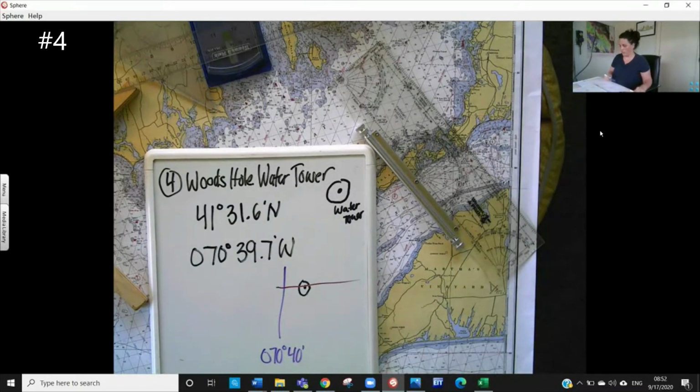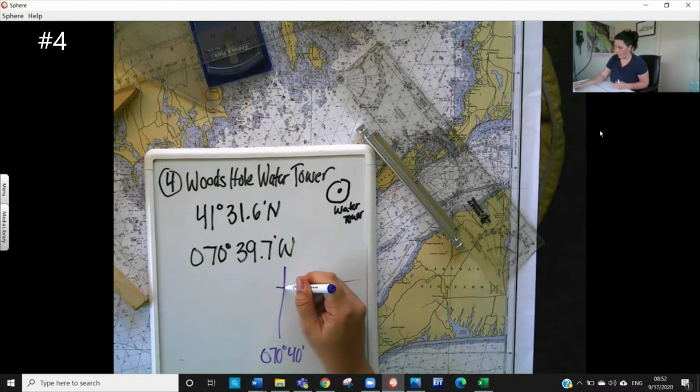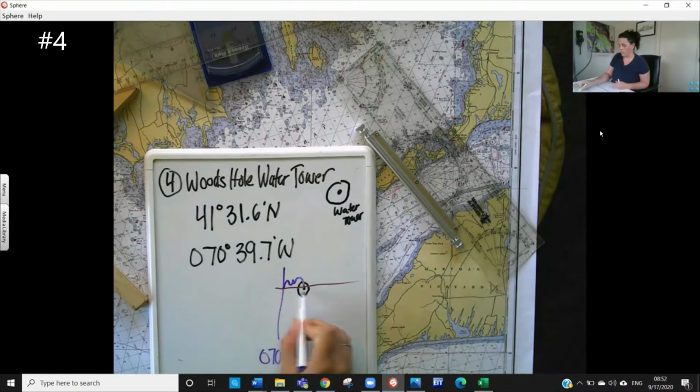So what I measured was how far away that tower was from that line, shortest possible distance. Brought it down so I could measure how far it was, and that's how I got my 39.7.